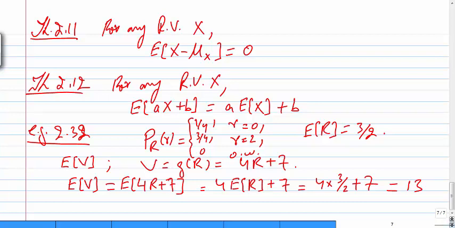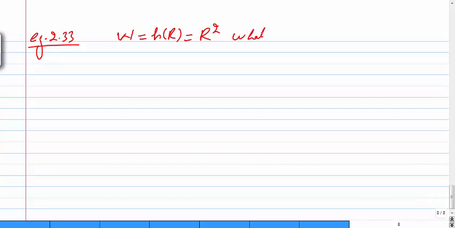Now let's consider another example. Example 2.33 says that if W is equal to h(R), and h(R) is equal to R squared, what is the expected value of W? This is a continuation of the previous example.